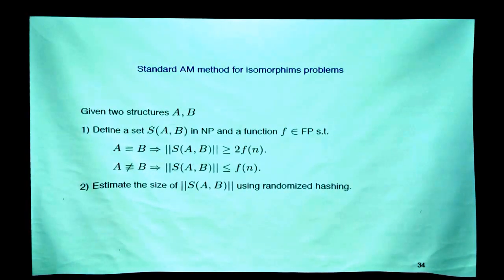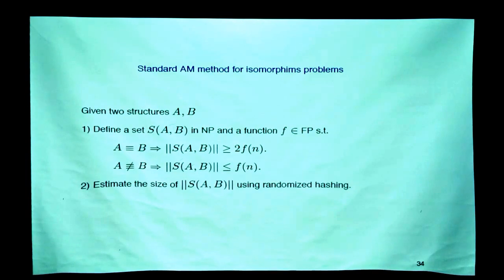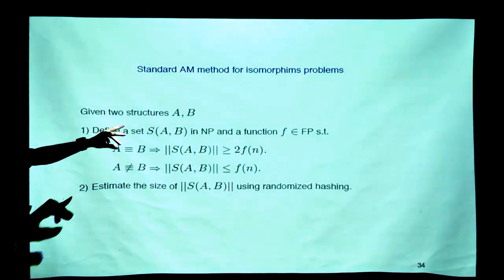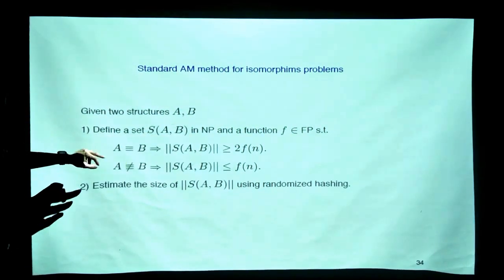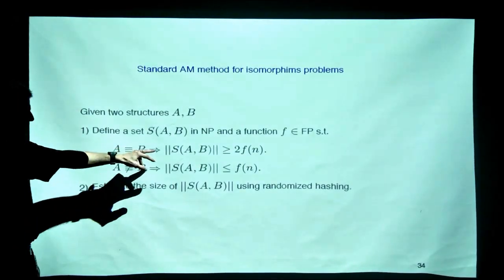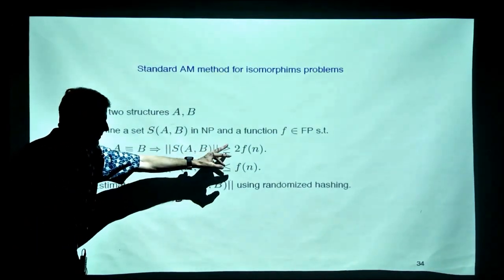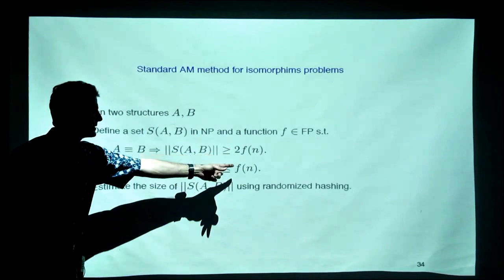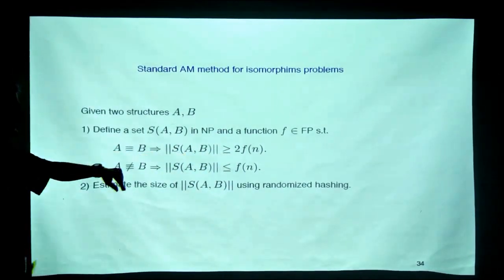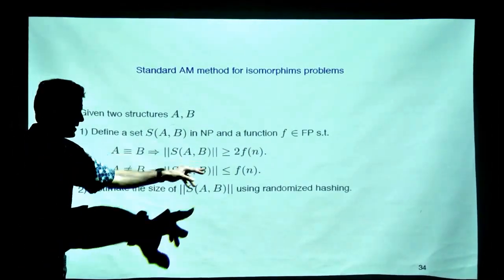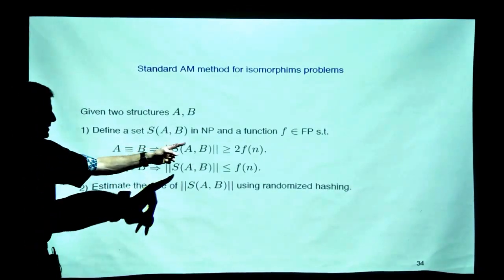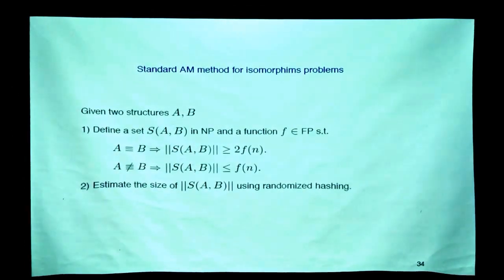So we have two structures and we want to prove that they're isomorphic or not. We define a set in NP, together with a function, so that if they're not isomorphic, the cardinality of the set is twice or bigger than this function. There's a gap between being isomorphic and not being isomorphic.